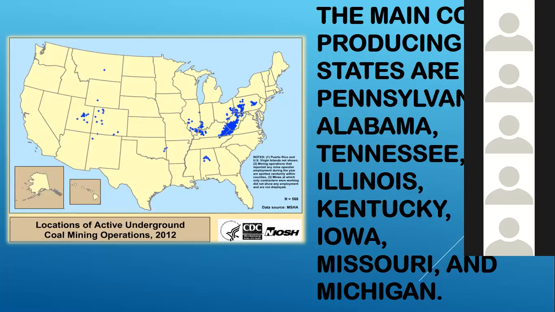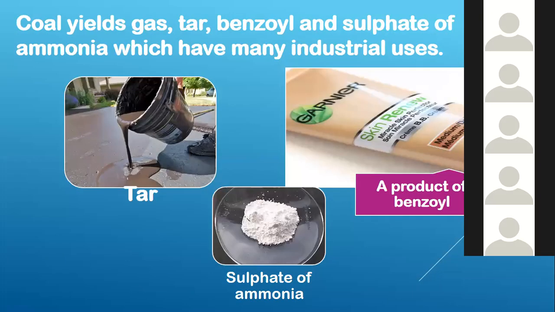Coal yields gas and tar. As you can see here, this is tar. When they are constructing roads, they use tar. Even that road in Kayaza, they have used tar.